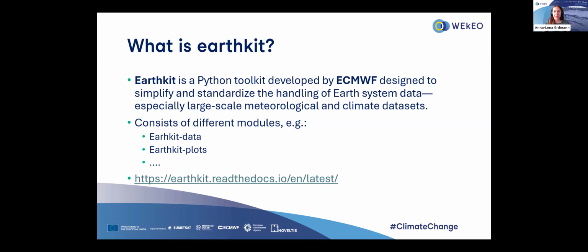It's highly modular, so you don't have that one tool, Earthkit, but it's put together from several modules. Like there is Earthkit data, which includes the data access, Earthkit plots, which has some visualization capabilities, and many, many more. I've also put the reference to the official documentation here in the slides for you to check it out later.